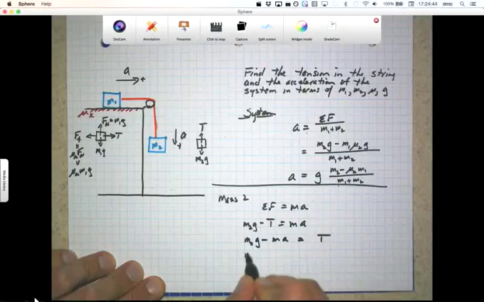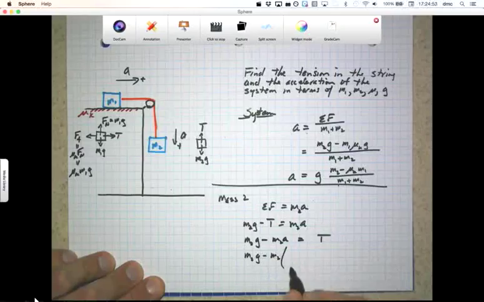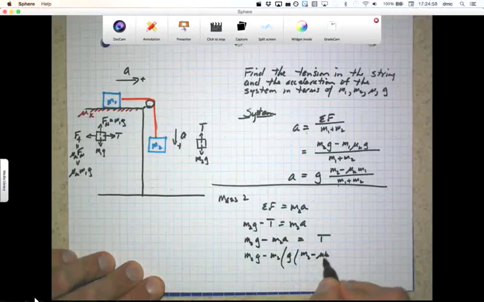So that means m2g minus m2, again because that's all m2, times g times m2 minus mu k m1, over m1 plus m2.